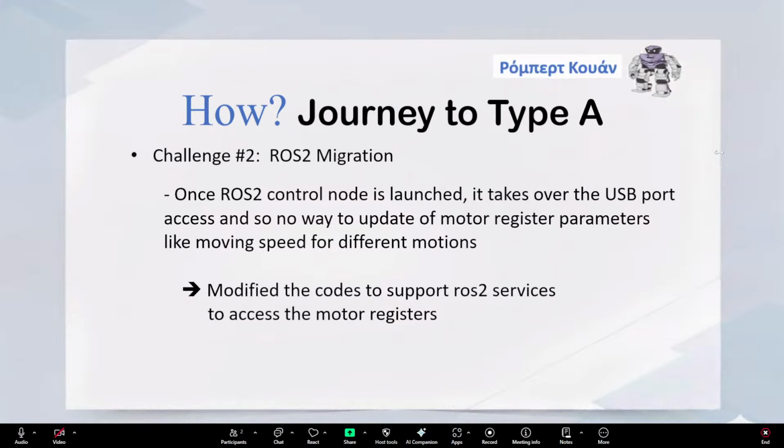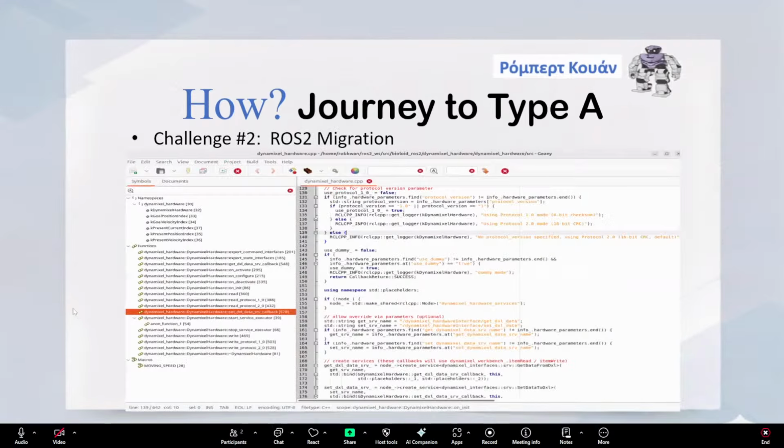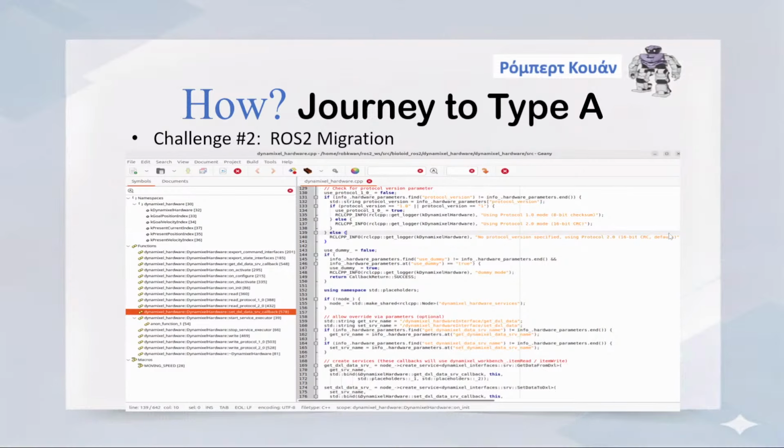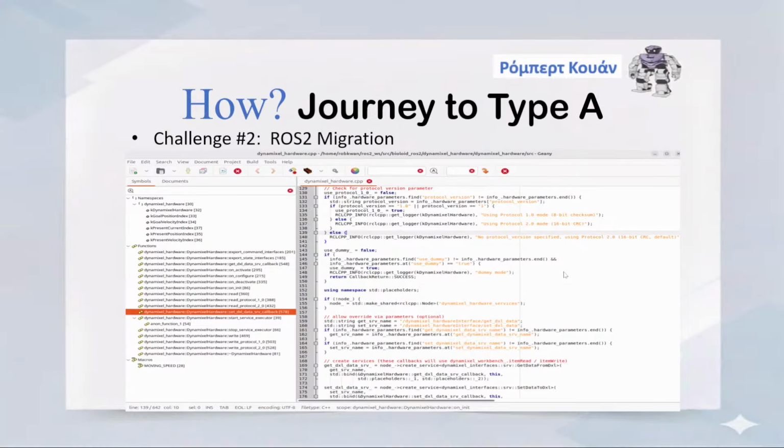For that, I modified some of the code so that I could use services to read back and update those parameters in the motor registers. Here is a screenshot, sorry that it's very small, but at the bottom right-hand side it shows the services to get the DXL data or set the DXL data through the Dynamixel hardware interface.